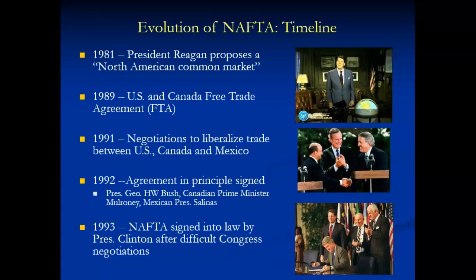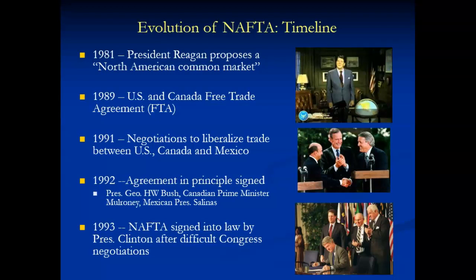Okay, so let's talk about the timeline. In 1981, President Reagan had proposed a North American Common Market. It's not until 1989 that there's a free trade agreement, but even that didn't go far enough. There were more negotiations in 1991 to liberalize trade between the U.S., Canada, and Mexico. Liberalize means basically removing many of the obstacles to trade, which is primarily tariffs.